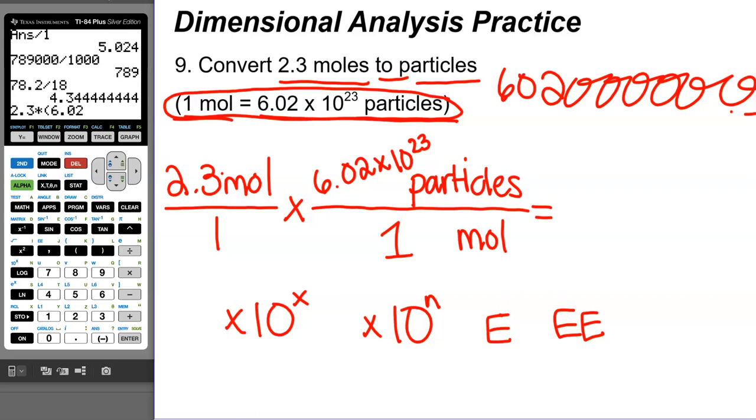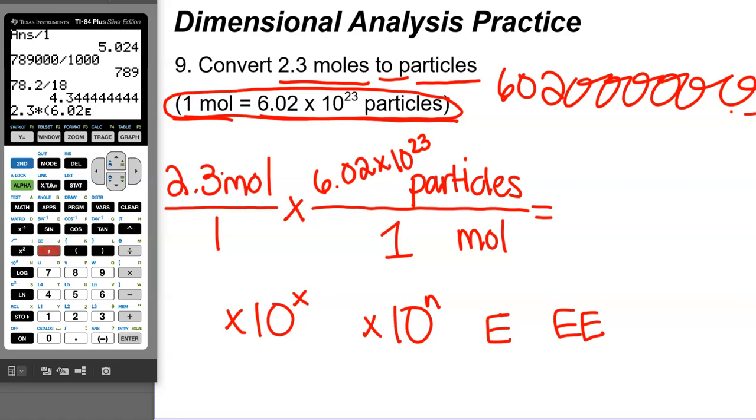And on my calculator, before I hit my special button, which is right here, it's the comma, but as you can see, if I just hit it, it puts commas, and that's not what I want. I need to get to the EE, which is above the button. So I actually have to hit second, which makes that a little arrow, and then I hit that button, and it'll put an E in there.